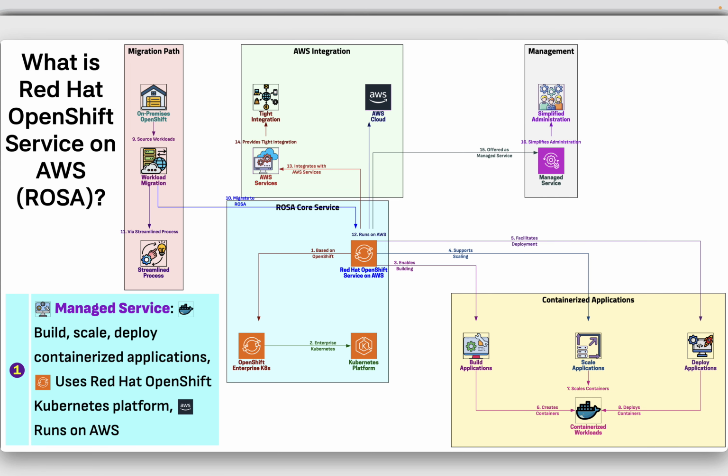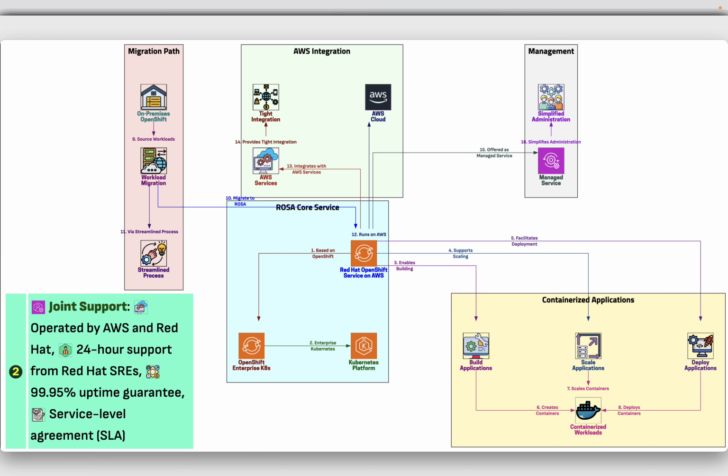So what is Red Hat OpenShift Service on AWS? Red Hat OpenShift Service on AWS is a managed service that lets you build, scale and deploy containerized applications using the Red Hat OpenShift Enterprise Kubernetes platform on AWS. ROSA is supported and operated by both AWS and Red Hat.